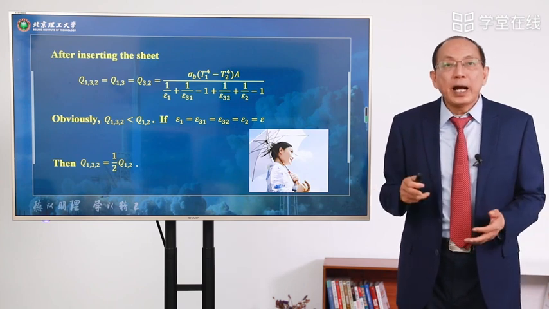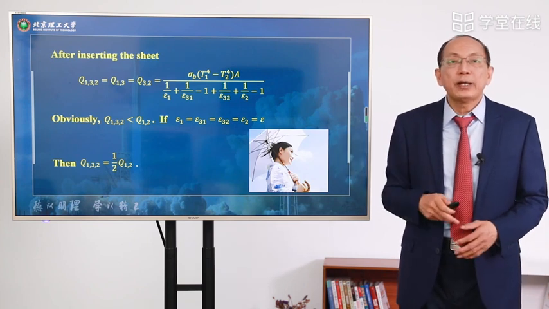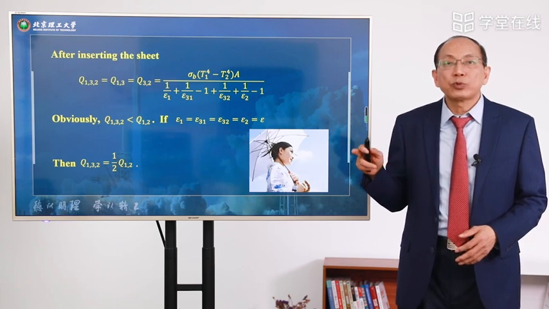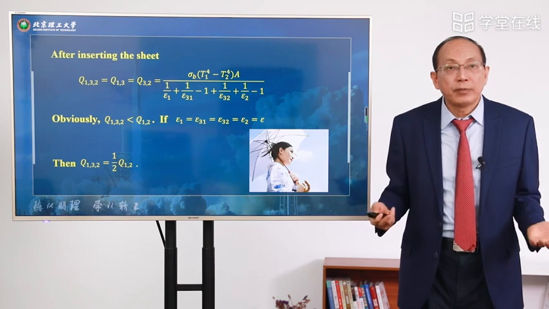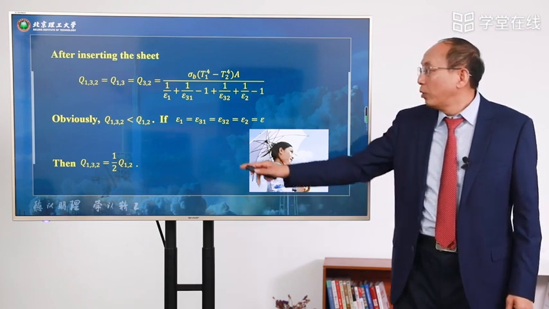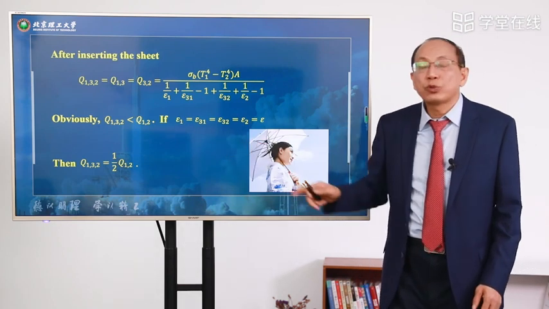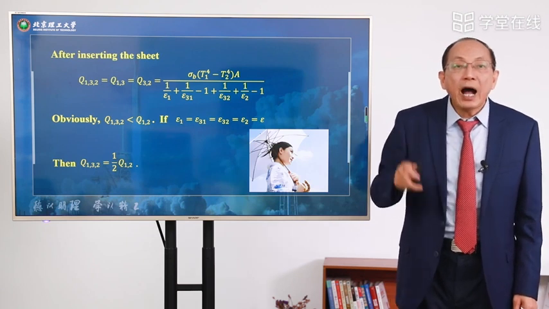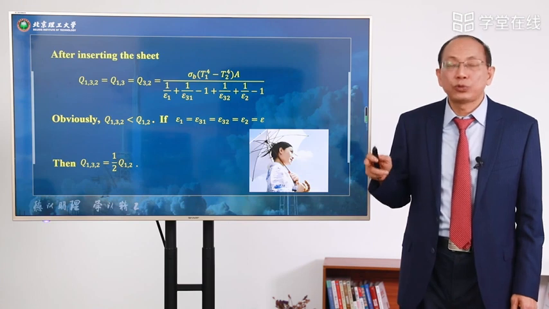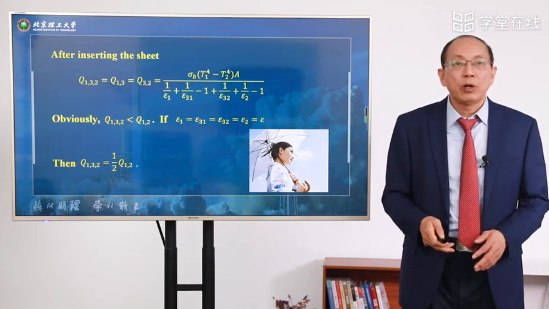If epsilon 1, epsilon 3,1, epsilon 3,2 and epsilon 2 are the same, the emissivity is the same. In this case, we find Q1-3-2 equals half of Q1-2, becoming smaller, only half.